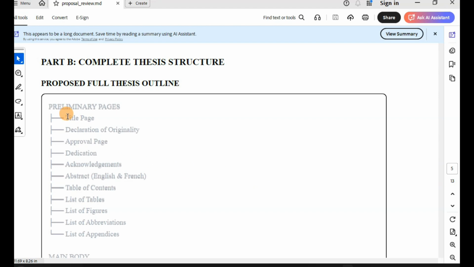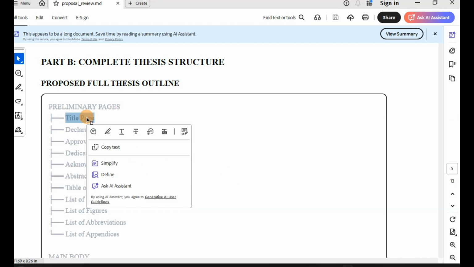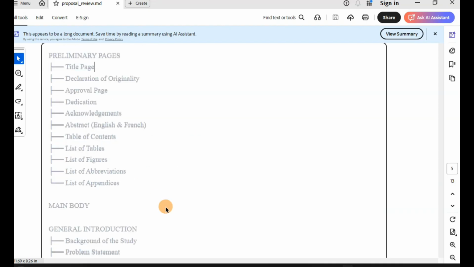It should first of all bring the preliminary pages. I think you've learned this within the research. What's the main thing in the preliminary pages you shouldn't lose? You should not lose the title page.